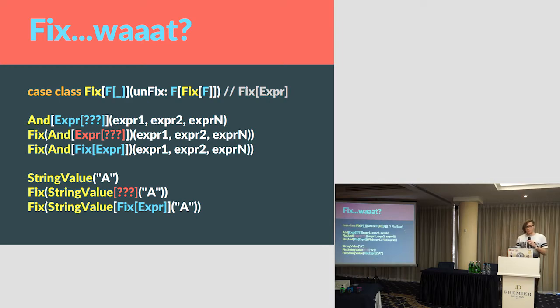So let's try to take a look at it a little bit deeper. First of all, this comment is just how our type will look as a result. It will be just a fixed expression. So probably we have some AND action, and that contains some n expressions. And if we try to resolve the type, it will be something like expression of Any or something like that, so we don't care. And let's try to fix it. Let's try to just wrap it in Fix, and our compilation will fail.